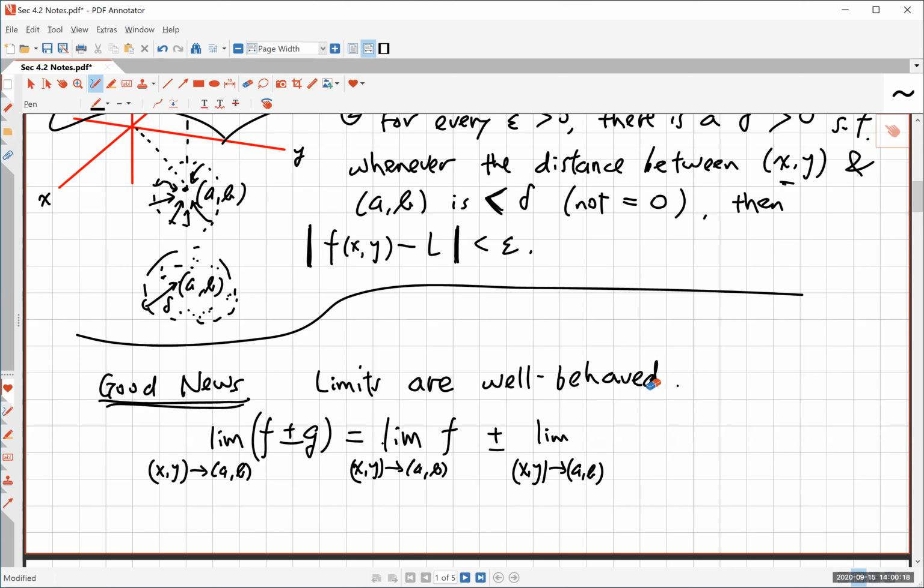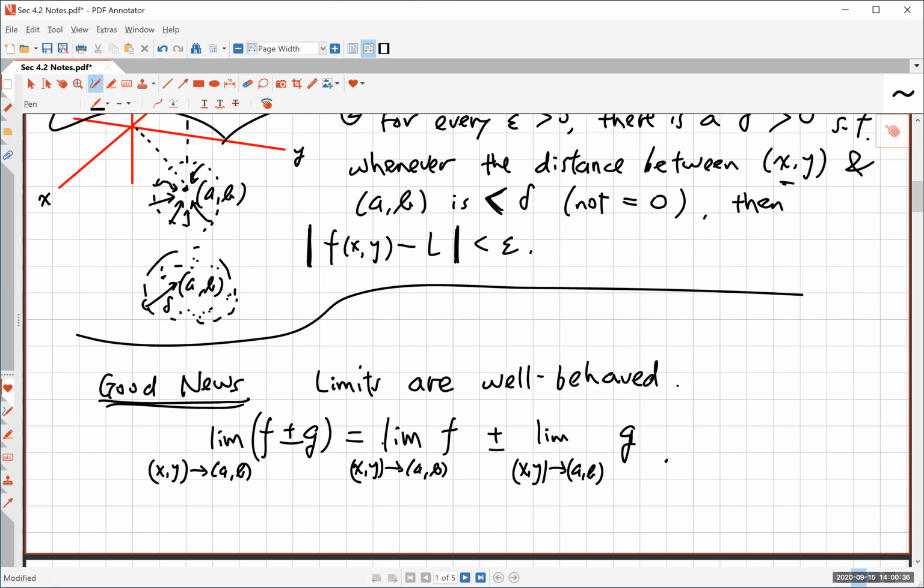That's cumbersome to write, but that's what it is. Right? So what does it say in English? It says basically that the limit of a sum is the sum of the limits, and the limit of a difference is the difference of the limits. Okay, and it even works with the product and the quotient and everything.